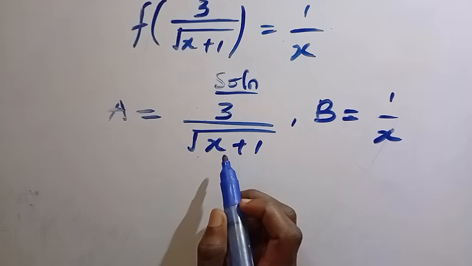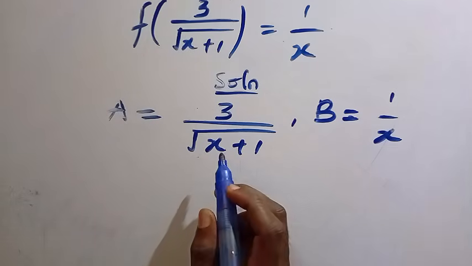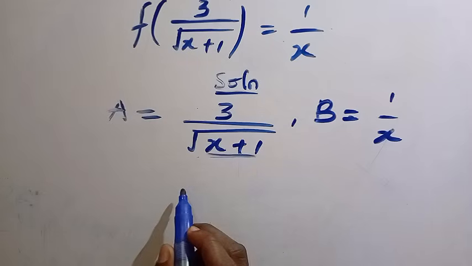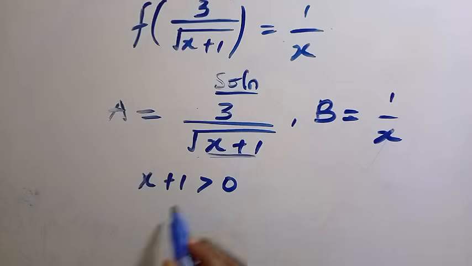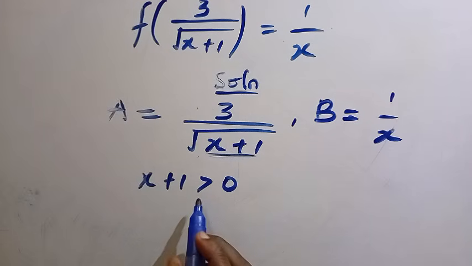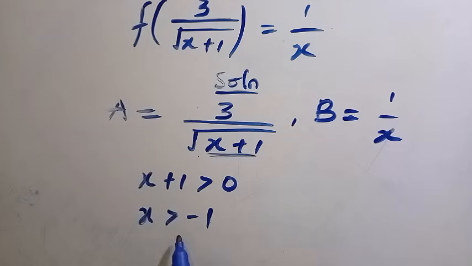So therefore, since the denominator can never be 0, if I take this out, we have x plus 1 must always be greater than 0. And if this is greater than 0, we have x greater than minus 1. That is, any other number that satisfies it, such as 0, 1, 2, 3 to infinity.